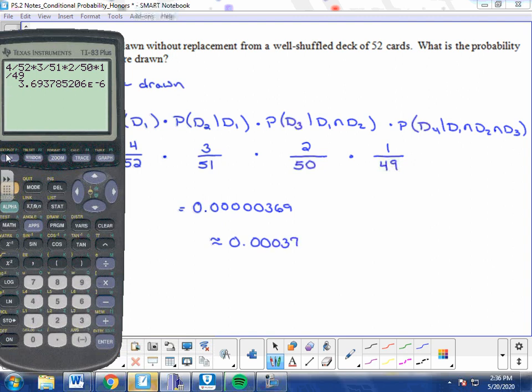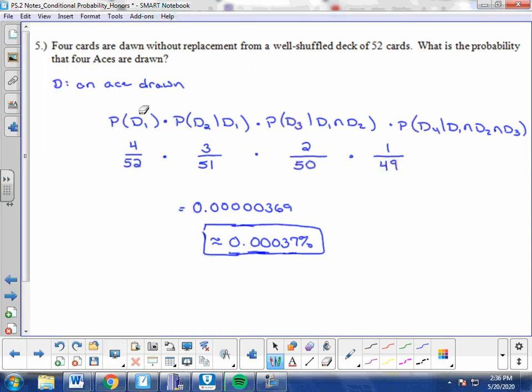So if you're going to draw 4 cards, you have a 0.00037% chance of drawing 4 aces in a row. So this is the idea of conditional probability, dependent events stretching through multiple events and using our counting methods to come up with those probabilities.